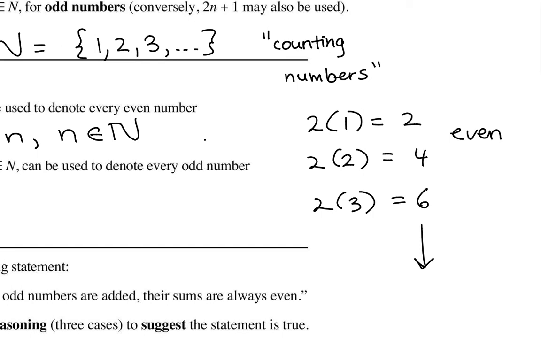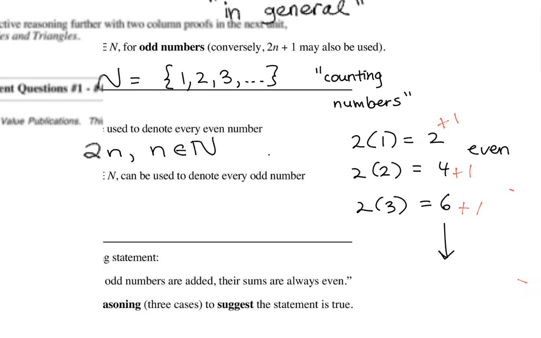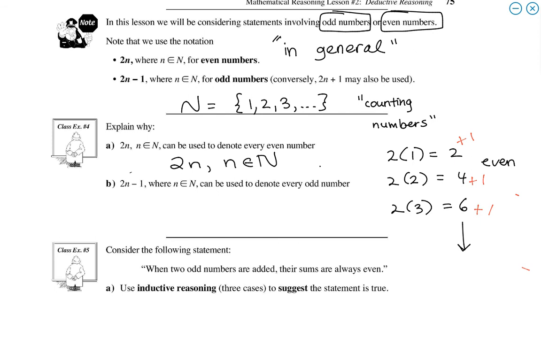How could I get the missing odd? How do I get 3? Add 1. How would I get 5? Add 1. How would I get 7? Add 1. And they put 2n minus 1, but you could always just go 2n plus 1 as well.